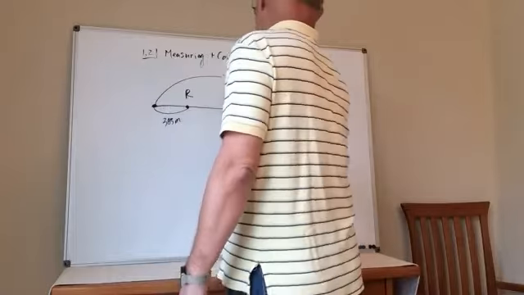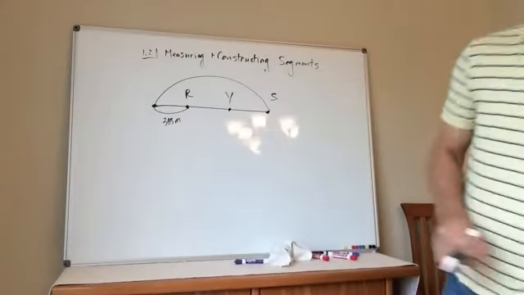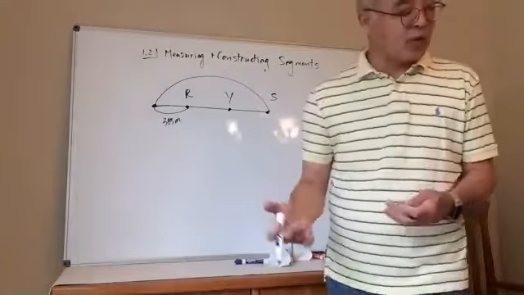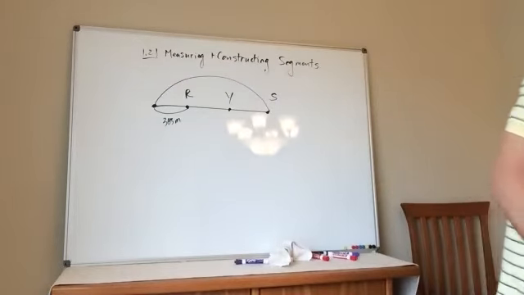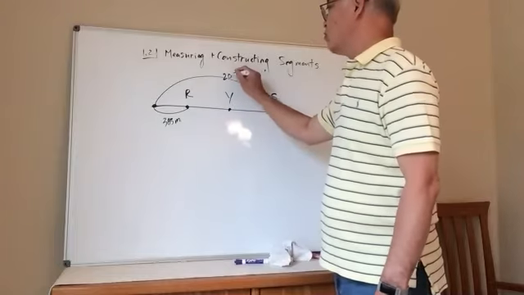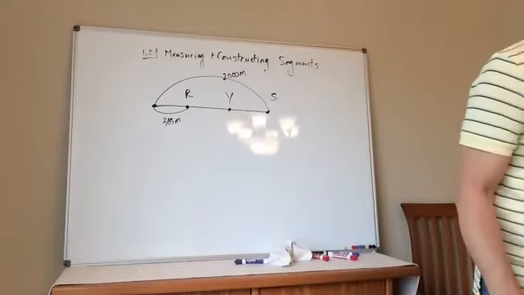From here to here is 2 kilometers. Can anybody tell me how many meters there are in 1 kilometer? 1,000. Correct. So 2 kilometers would be 2,000 meters.